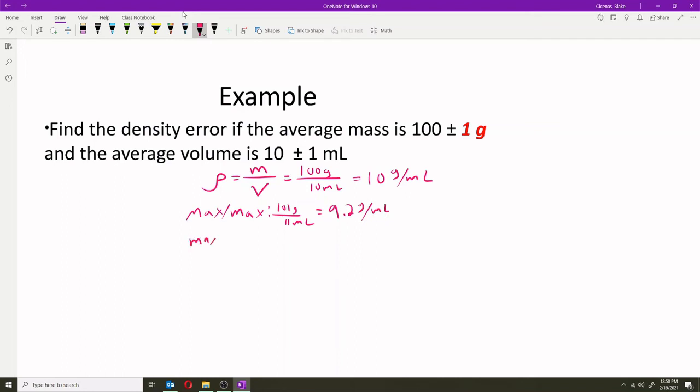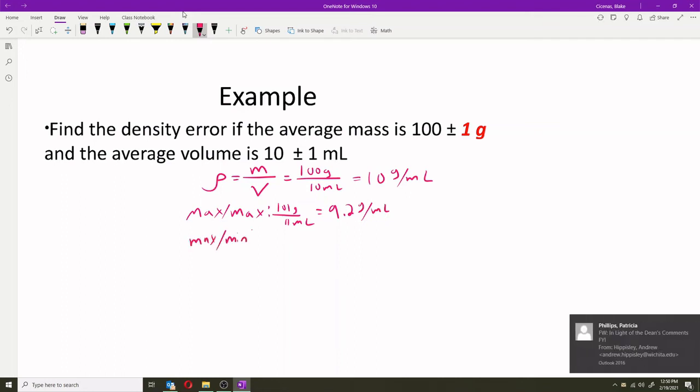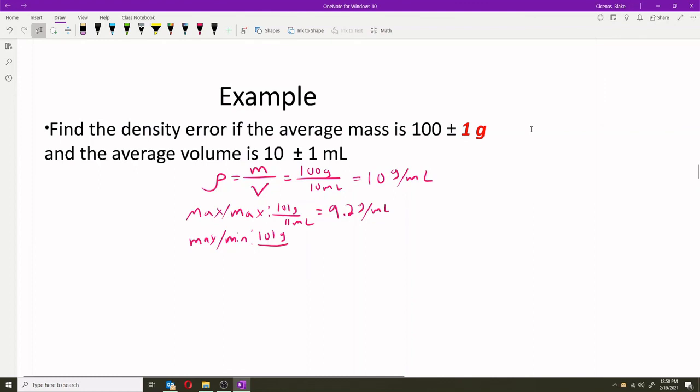And then we'll do max min. So that's going to be 101 grams, and then the minimum volume is going to be 9 milliliters. And that's going to give me 11.2. And then we'll do min.